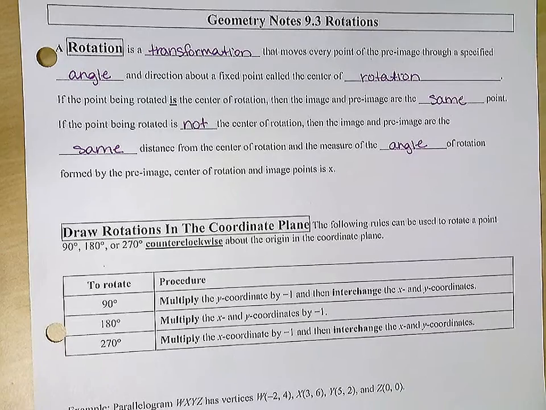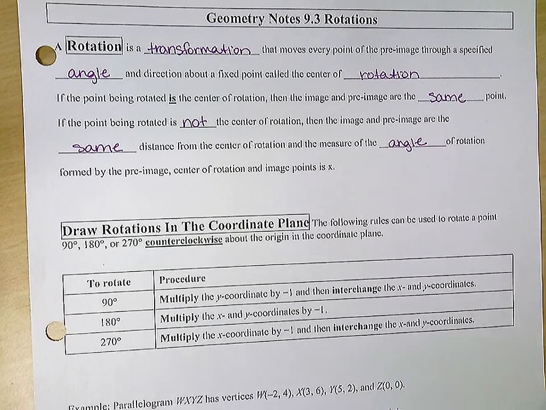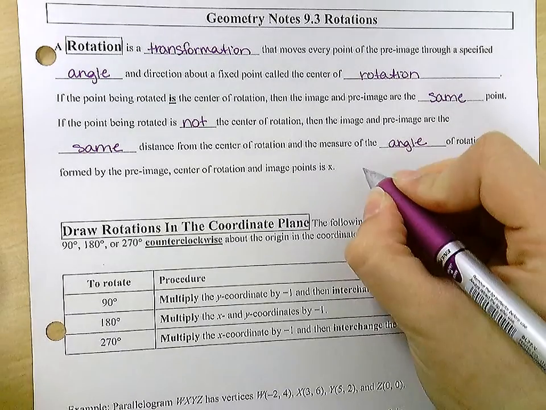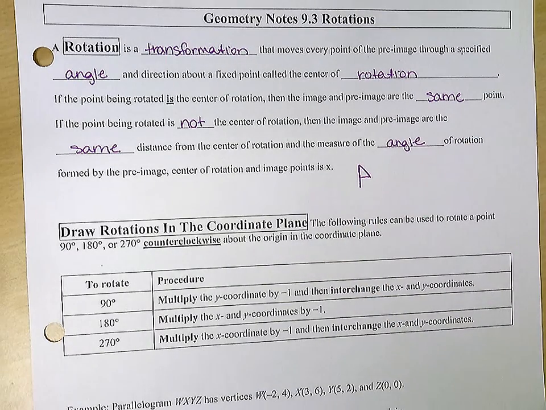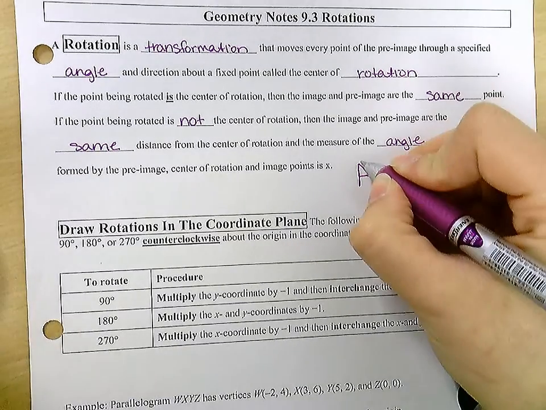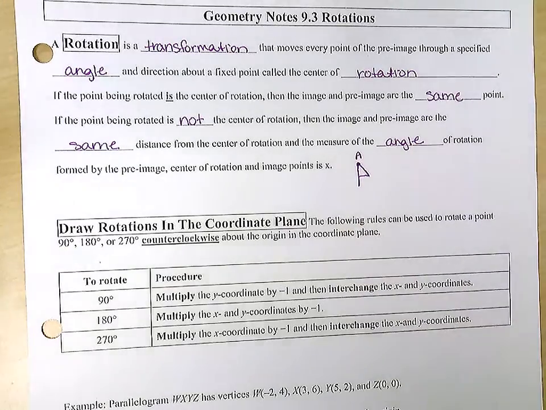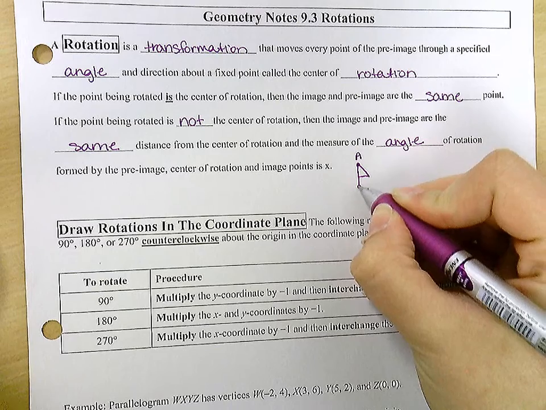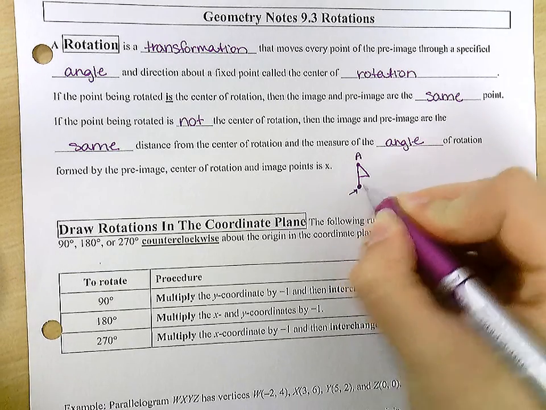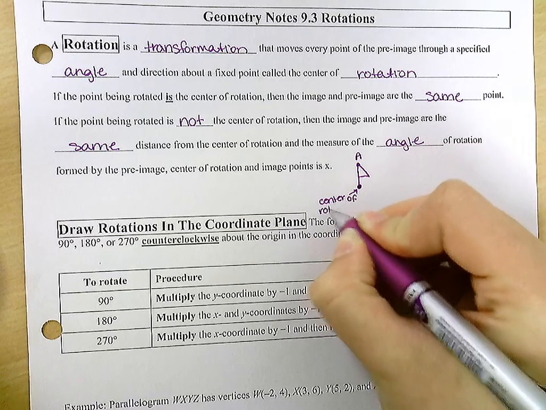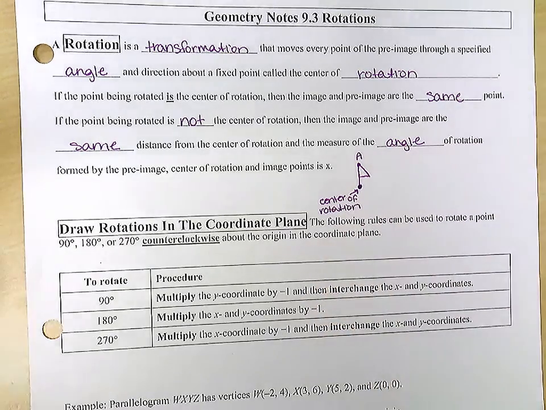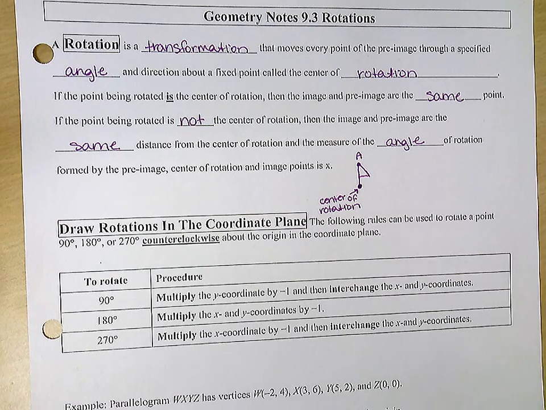So I'm going to show you an example of how you're going to rotate. I have this flag here. I'm going to label this top point A. This point right here is going to be my center of rotation.